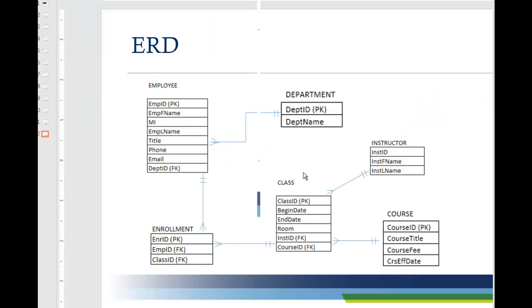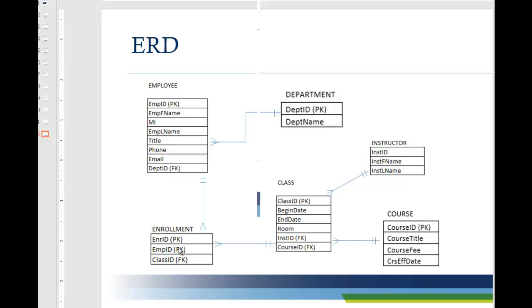Here is what your final ERD should look like. You will have 6 entities: employee, department, class, instructor, course, and then of course the bridge table that I created in order to take care of the many-to-many relationship that existed between employee and class.